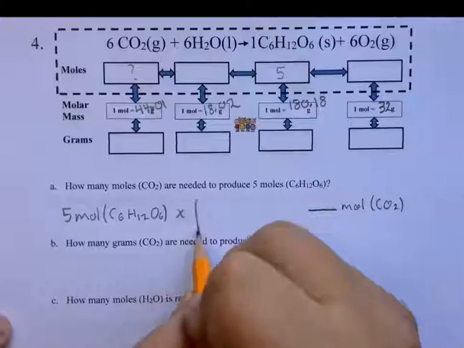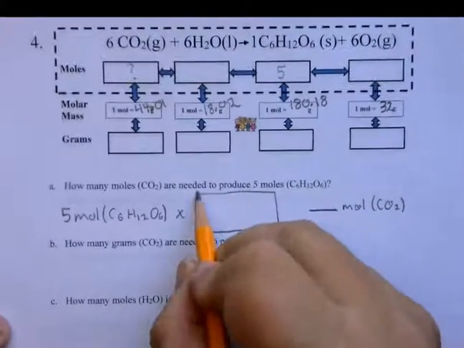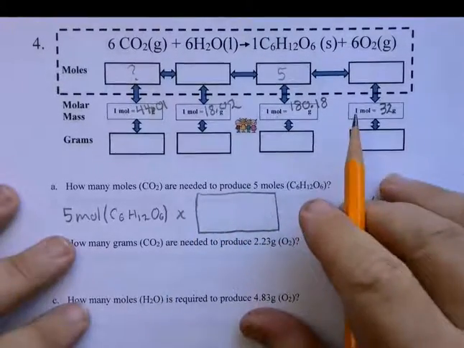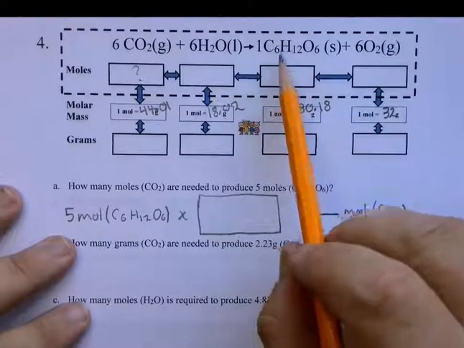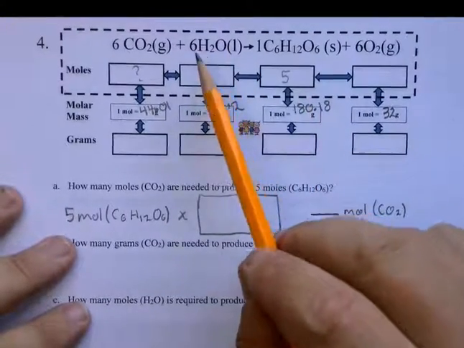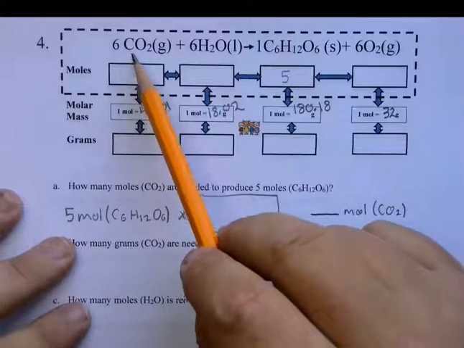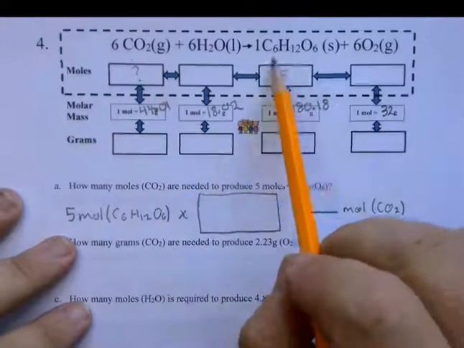And as we said, it's 1 conversion, so 1 box. Okay, so we can either say that there's 1 mole of sugar over 6 moles of CO2, or there's 6 moles of CO2 over 1 mole of sugar.